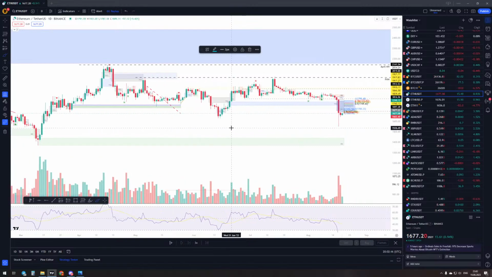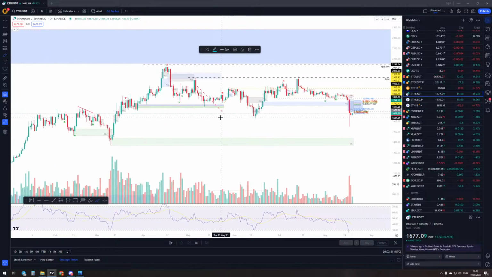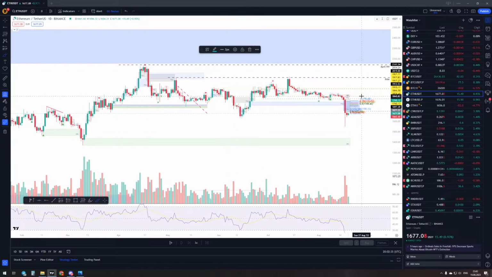And smart money concept is based on the idea that the market is controlled by market makers and central banks. So by doing this, it's just exactly what happened.